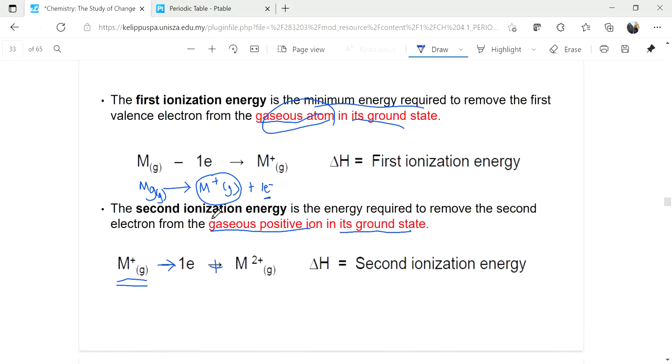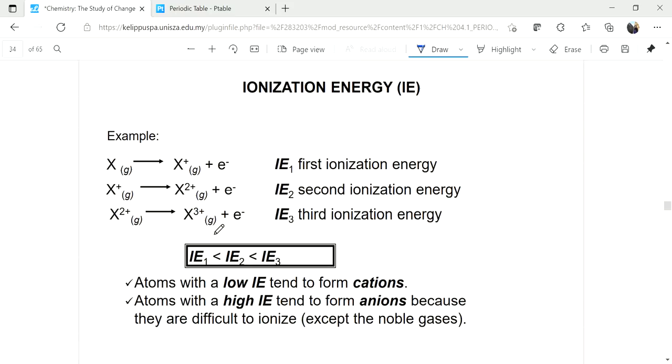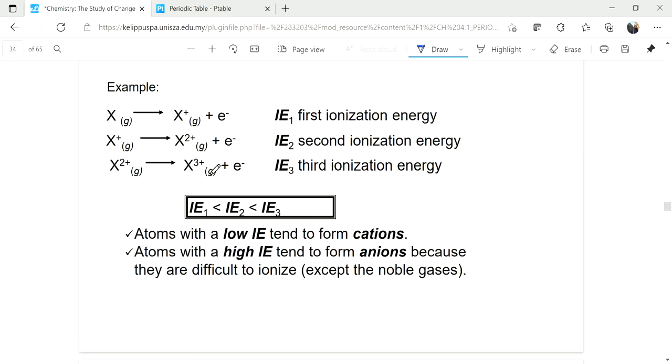So how to write the equation for the first ionization energy and how to write the equation for the second ionization energy, you should know. The first ionization energy is lower than the second ionization energy.